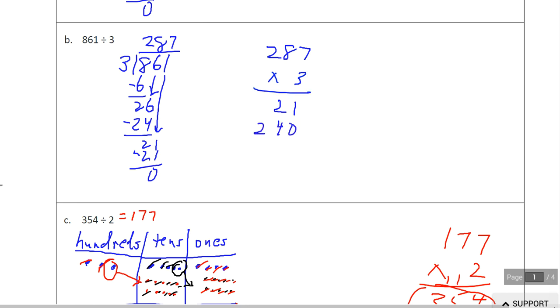And then 3 times 200 is 600. So I'm going to go ahead and put the 600 there. And we get 861. So it checks out with multiplication, and I used the partial products method. So there's different ways you can do it. And if you didn't like the partial products, you can do it the regular old standard algorithm way.